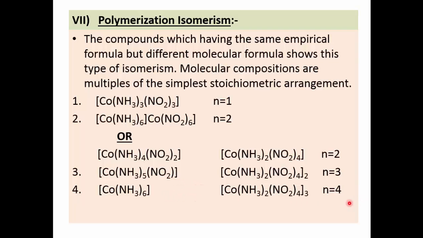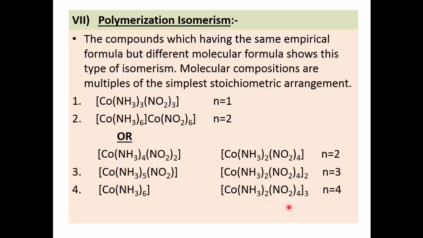When N is equal to 4, that isomers are written here. Cobalt are 4 in number, cobalt 1, and these are 3. See here 3. 3 cobalt 3 and 1, it becomes 4. NH3 is 6 in number. So 3 into 4, it becomes 12. So 6.